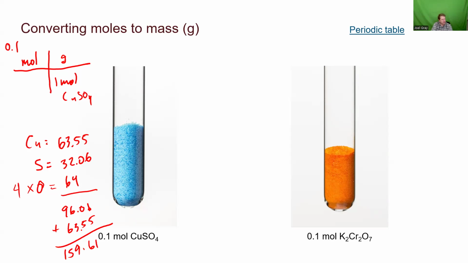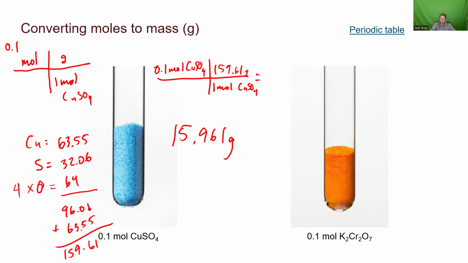So I'll take this and I'll say 0.1 mole CuSO4, 1 mole CuSO4, 159.61 grams. So we'll get 0.1 times 159.61 equals 15.961 grams. Now, for the next problem. Okay, so this would be our answer, 15.961.